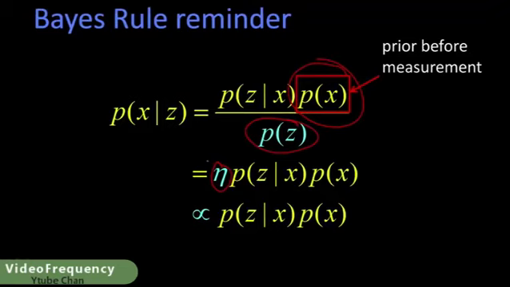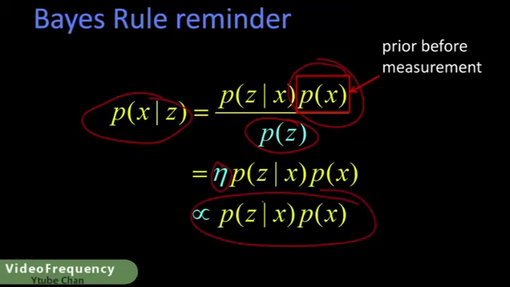It's some value. Or another way of saying this is that P of x given z is proportional to P of z given x, times the prior. So if I had a whole bunch of different possible x's and I only had this value for P of x given z, they have to sum to 1. So what I could do is take the sum of all of those, whatever they were, and then divide this value by that sum, and I would be back to a renormalized probability density, all right?